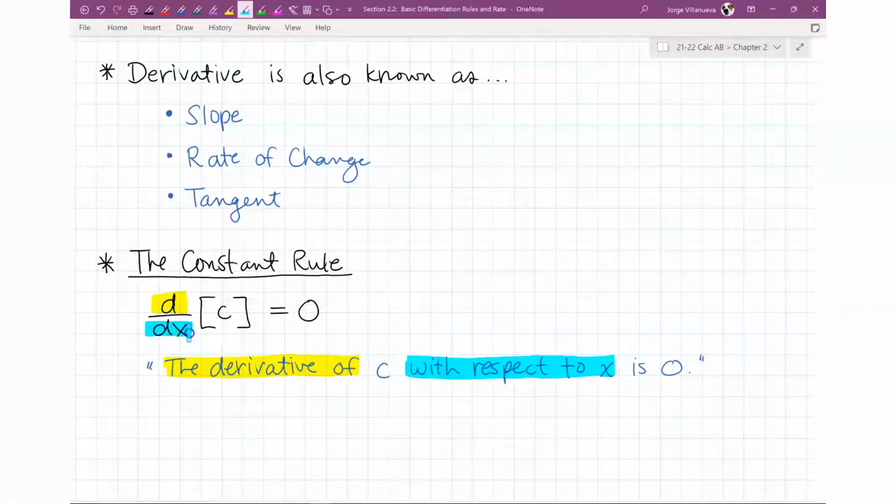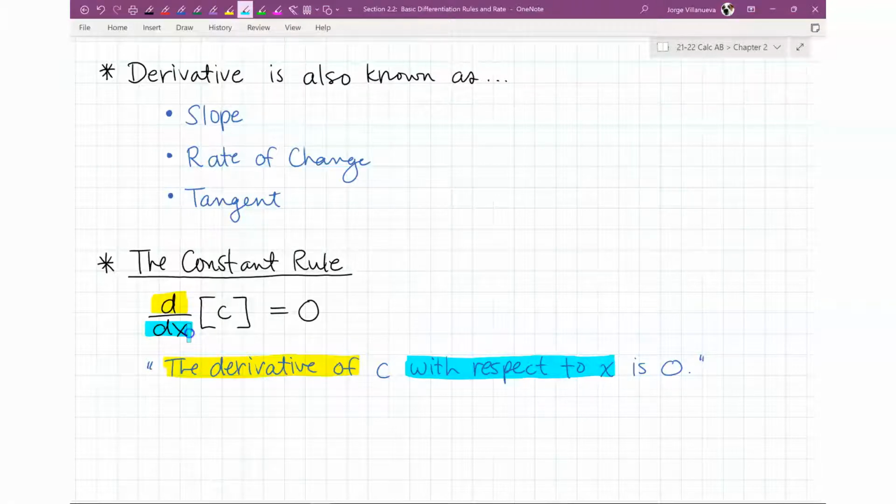So on the bottom of that fraction, the d dx as people will call it, there could be a d dy, a d da, d db, right? It just depends on what letter you're taking a derivative of. A constant does not have variables. It's just a number, like a 2, a negative 13, a 7. So it doesn't matter what letter I take a derivative of a constant with respect to.